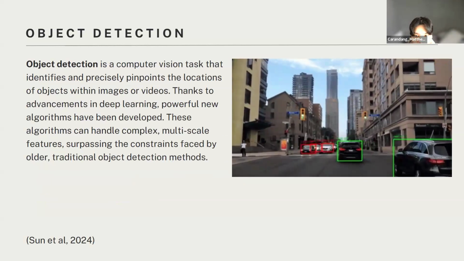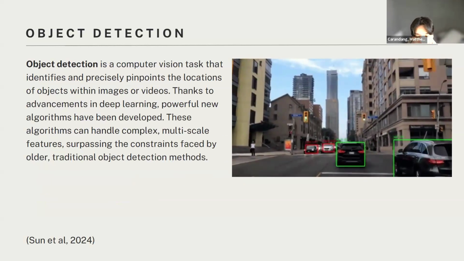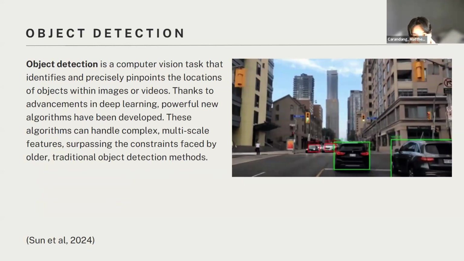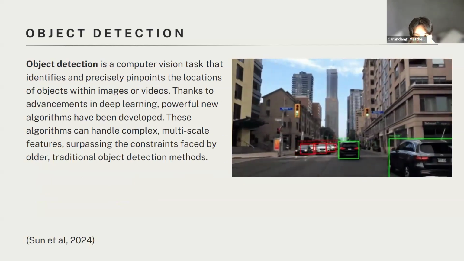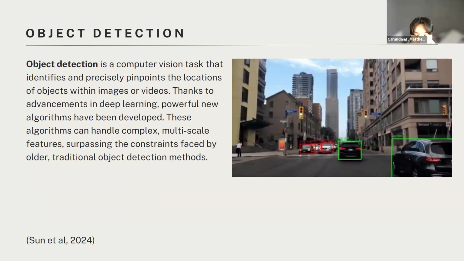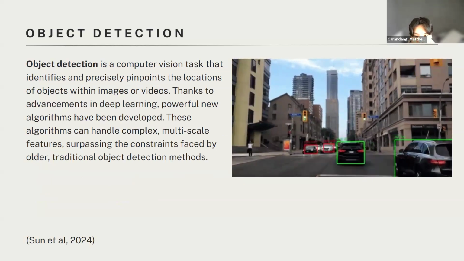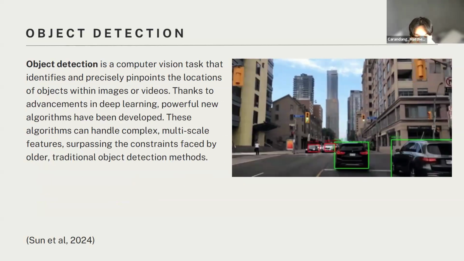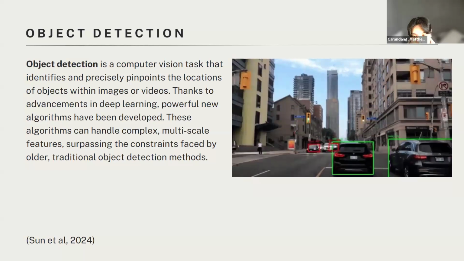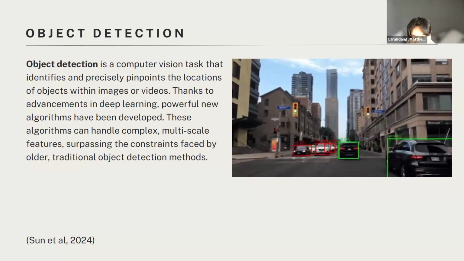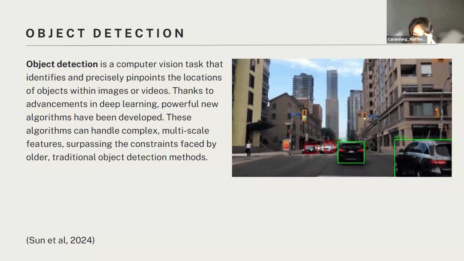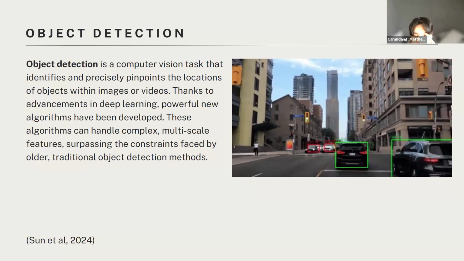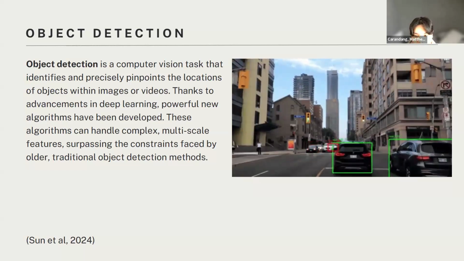So object detection at its core is a computer vision task that basically answers two questions. The two questions are: what are the objects that are in the image, and where are those objects? This image here is a perfect example of what object detection does. As you can see here, it's a busy street with different objects.